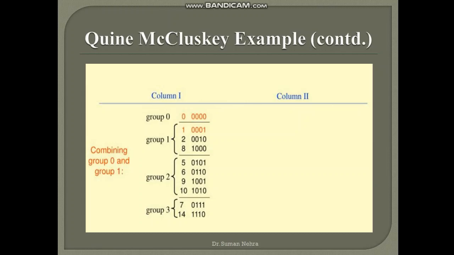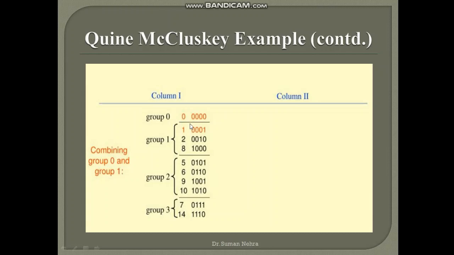Step 2. Any two minterms which differ from each other by only one variable can be combined and the unmatched variable is removed. We will put a dash in place of the unmatched variable. Two minterms fit into this category if they have the same bit value in all positions except 1. From the example, we are combining group 0 and group 1.